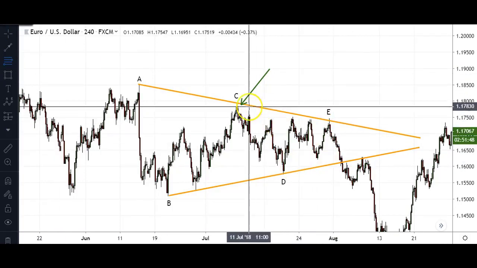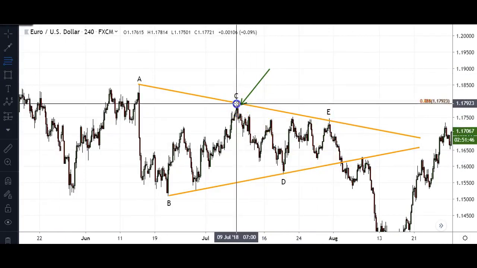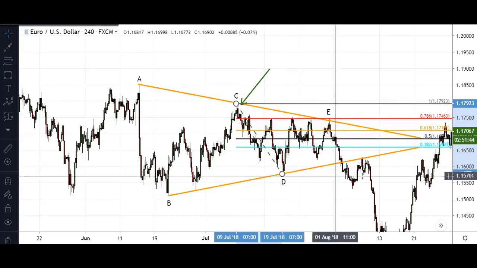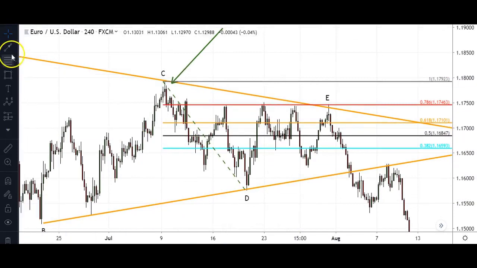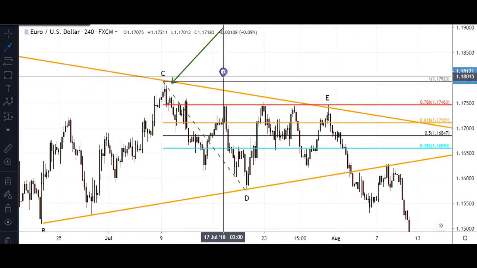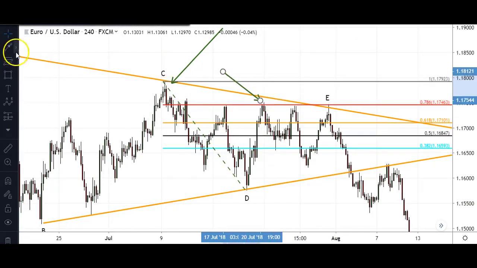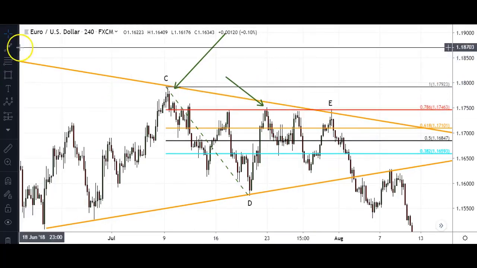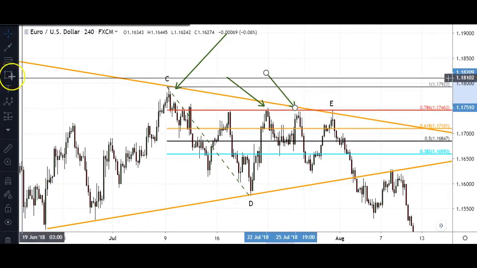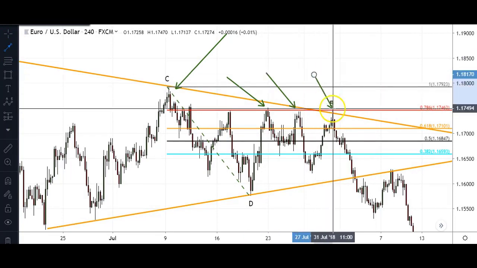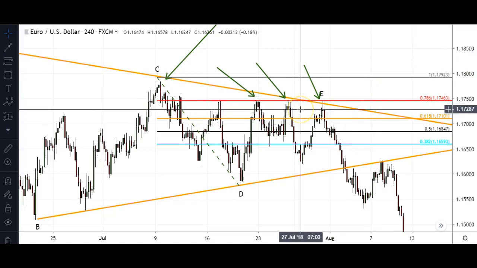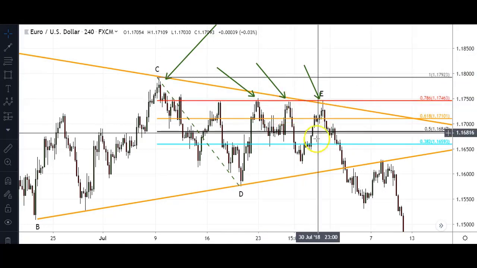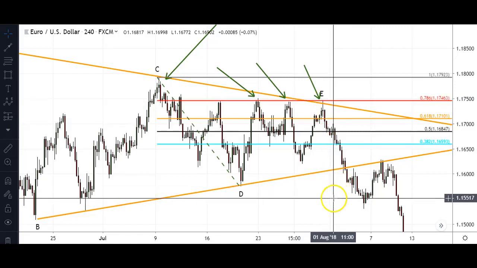So if we then went from the C wave to the bottom of the D wave, you would actually see that there were three separate opportunities. 1, 2, 3 times where price actually bumped against the 0.786% retracement level, which ended this entire correction and price moved downwards.